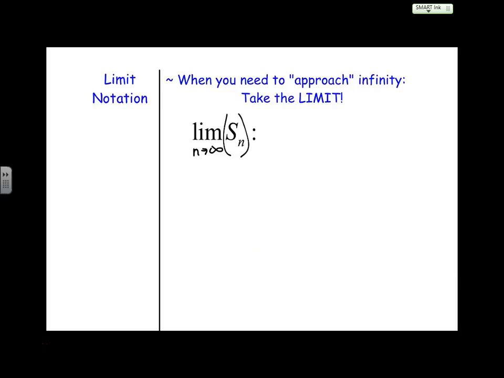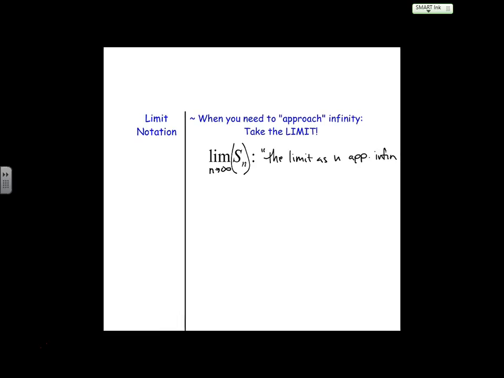So, if you did not yet, write down the notation. If you already wrote it down, don't write it again. The limit as n approaches infinity of the key operative math term, the nth partial sum, technically, in this case, S sub n.